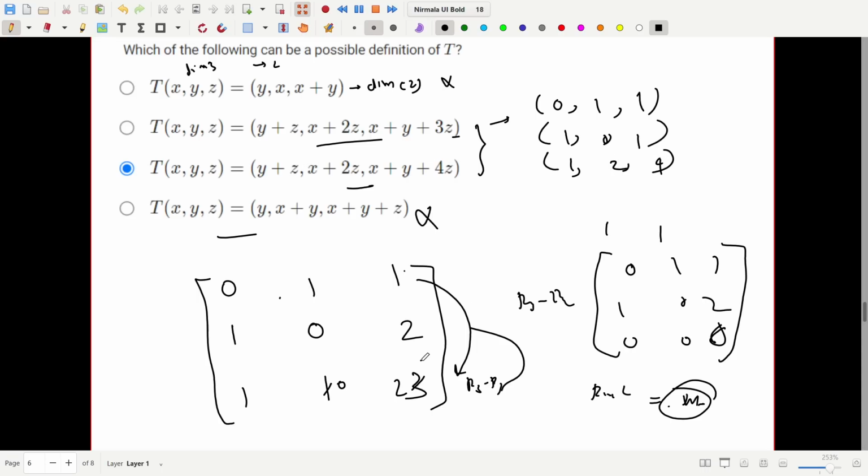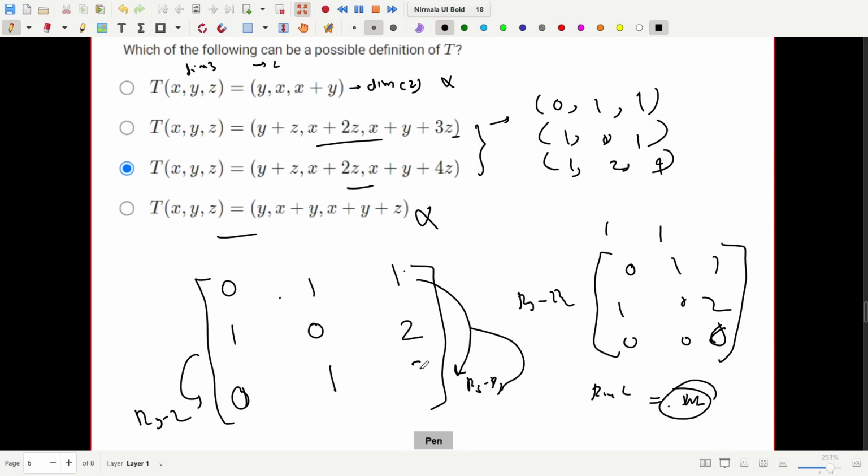Write it down in matrix form. It will be the same: 0 1 1, then 1 0 1, and then 1 2 4. Let's subtract R2 from R3, and R3 minus R2 will be 0 2 3.